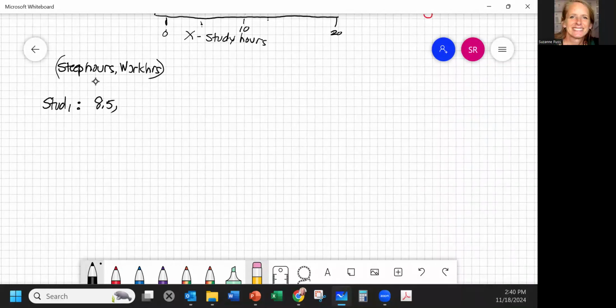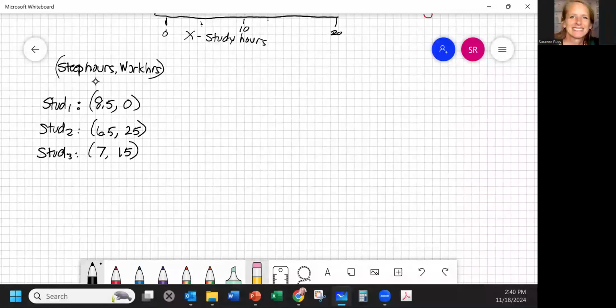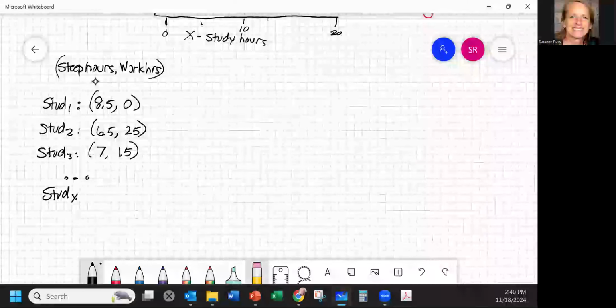And let's say they had 0 work hours. They were a student. And let's say student 2 had sleep hours average per night of 6.5, and their work hours were 25 hours that week. Student 3 had average hours of sleep per night as 7, and they worked 15 hours over the course of that week, and so on till we get to student X.